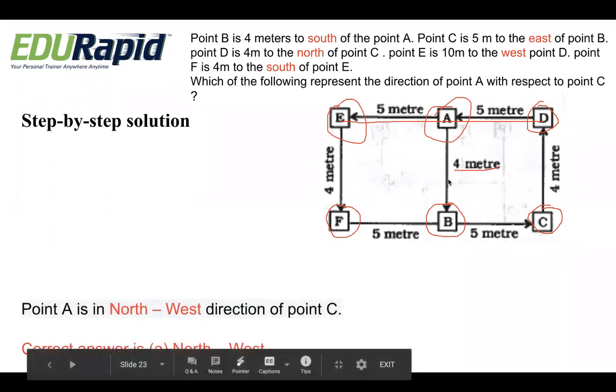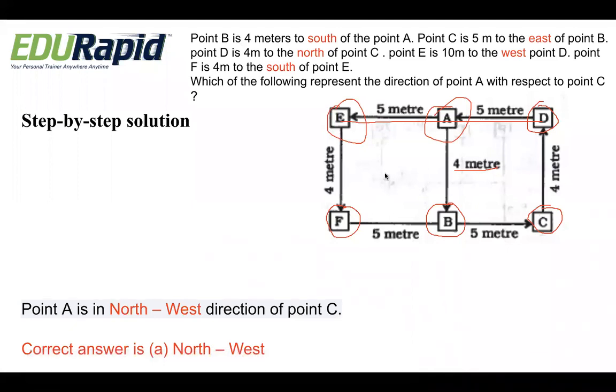Okay. See, we solved another problem before and I explained to you. We need to understand the cardinal directions really well. Please go over the video once again. You will understand the cardinal directions. Cardinal directions are the directions between the main directions. So this is north, this is west.